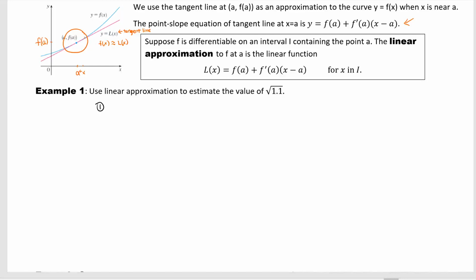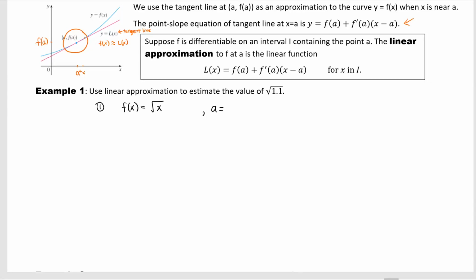So what is the first step? Well, the first step is to define my function. Here you can see square roots, so let's define our function to be square root of x. Okay? And we also need to figure out what a is. So a is some point where it's easy to find f of a and f prime of a.